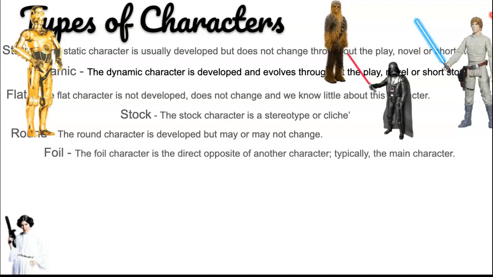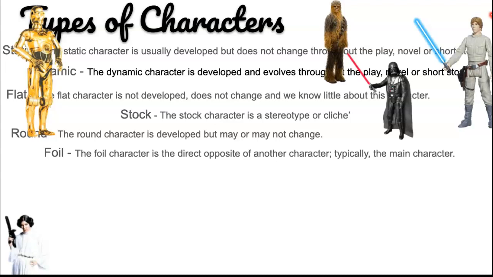The foil is the direct opposite of another character, and usually it's the direct opposite of the main character. I'm going to repeat that again. The foil character is the direct opposite of another character, and typically the direct opposite of the main character. And the purpose of the foil is usually to highlight attributes of another character.